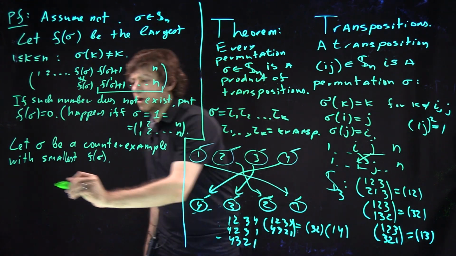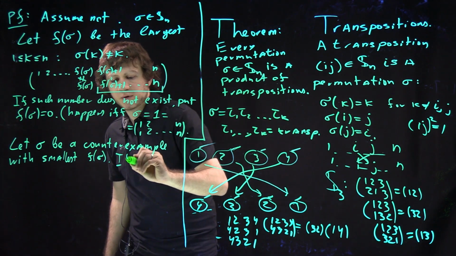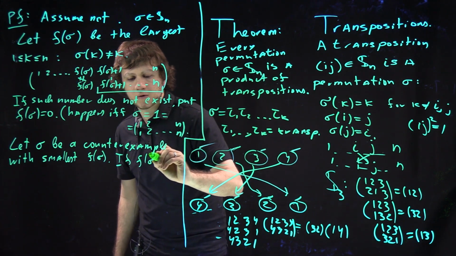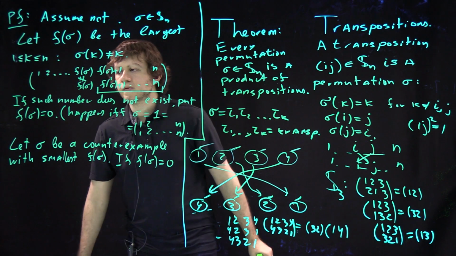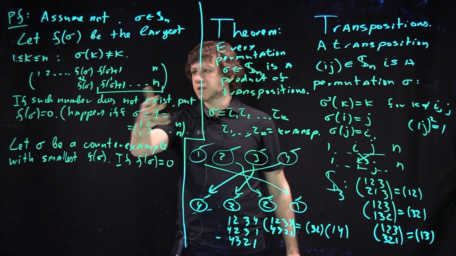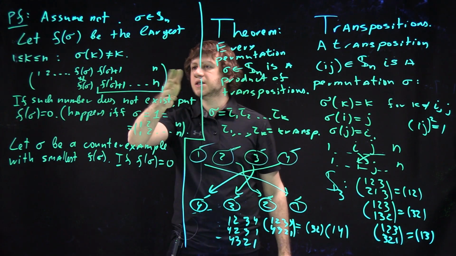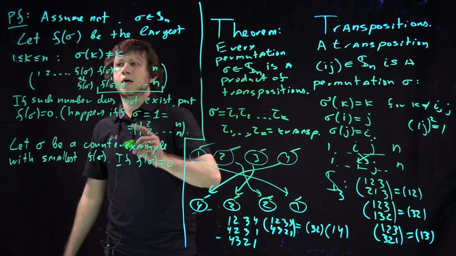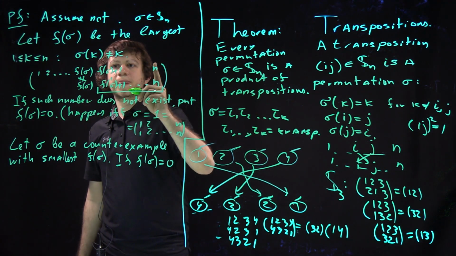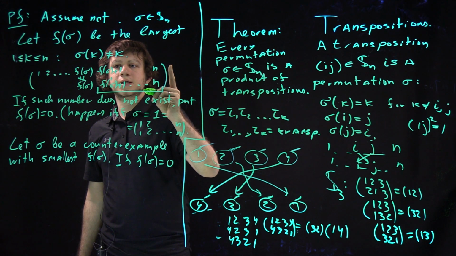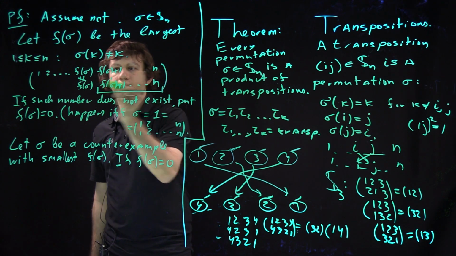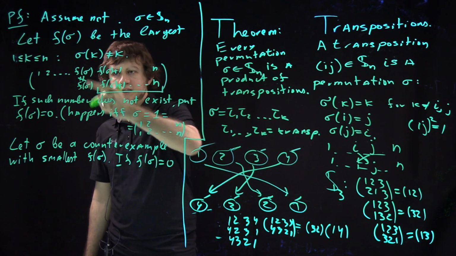So if f of sigma is equal to 0, then it means that as we agreed, such number does not exist. So it just means that everything goes to the same number.